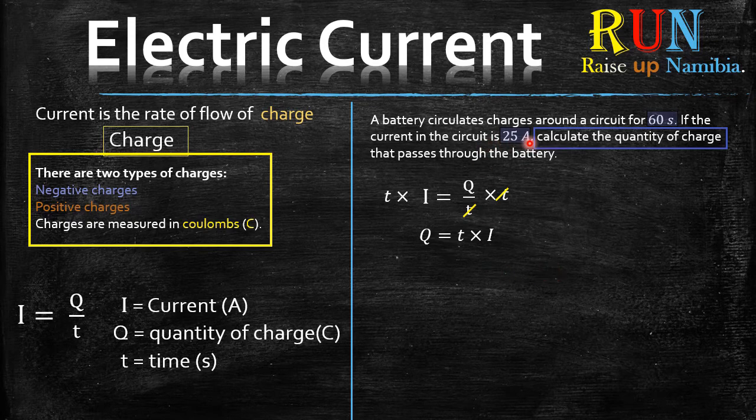So you substitute that into your formula, and you'll have the time, 60 seconds, multiplied by the current, 25 amperes, which will give you 1500 coulombs. And that's your final answer. Easy, isn't it? But if you are used to using the triangle method, whereby you cover one and get your formula from the triangle, keep on using that method.